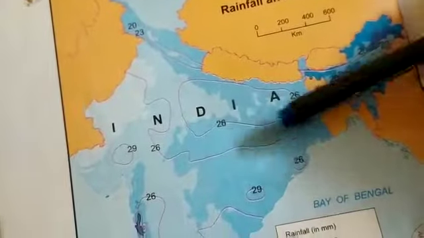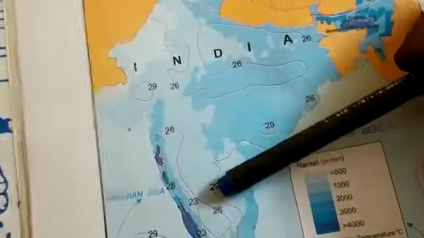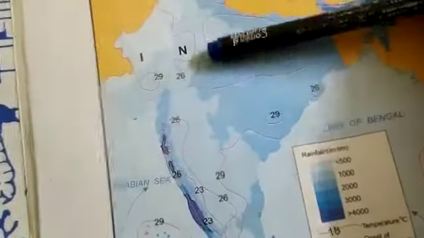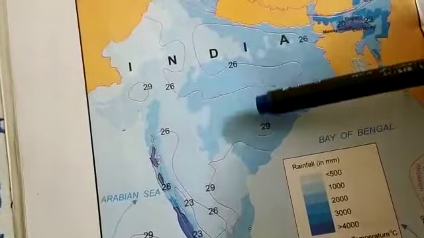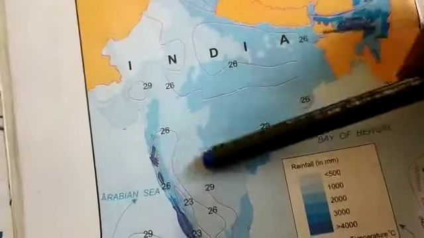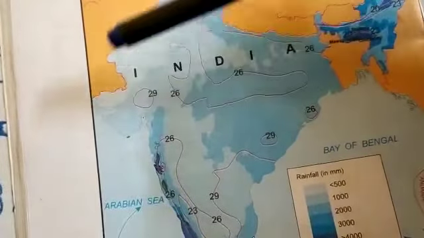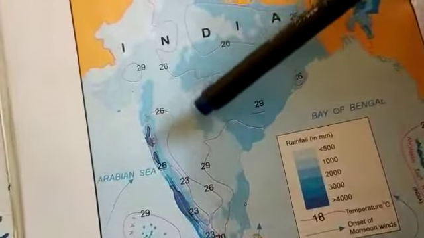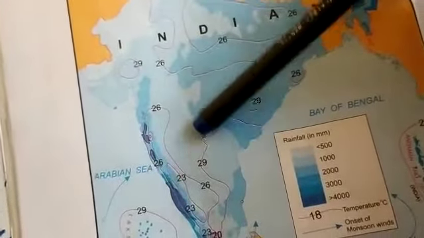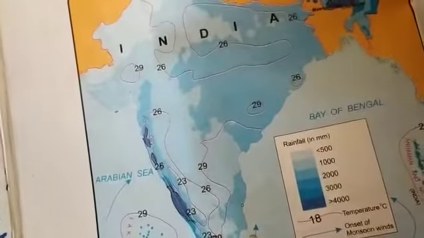So 26, 26, 29 and 29, 26. We can see that the maximum temperature is in the central part of the country, then in the northwest part of the country. The northwest and the central part of the peninsula we can write down.